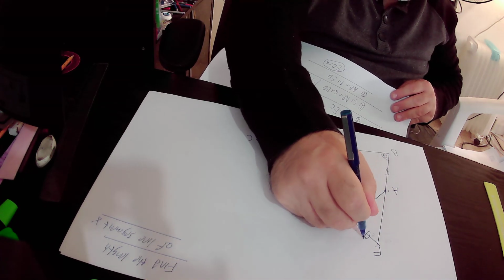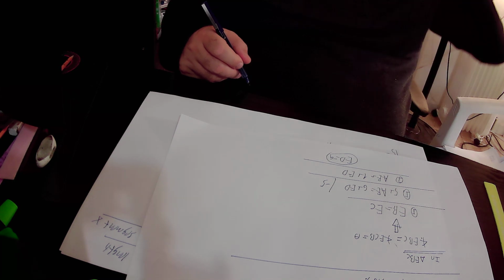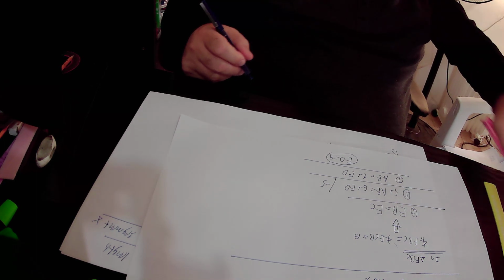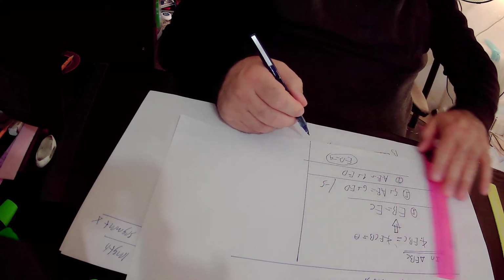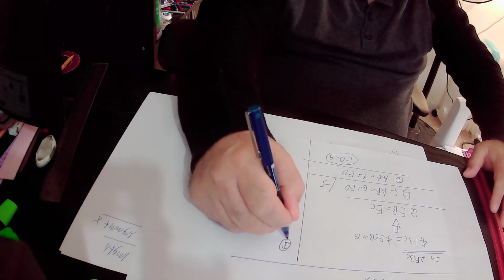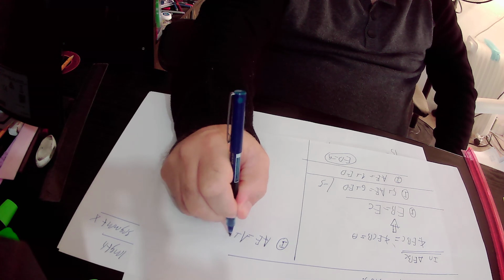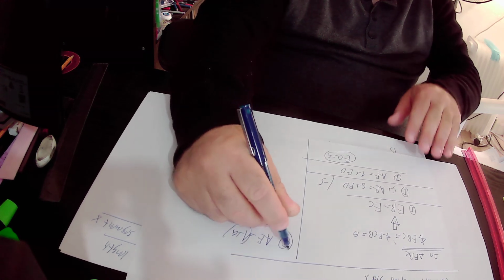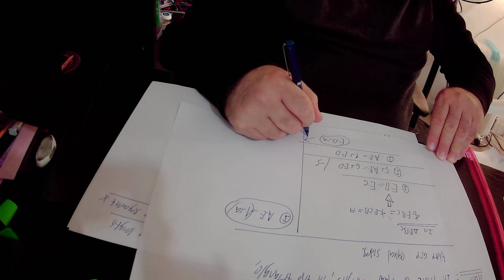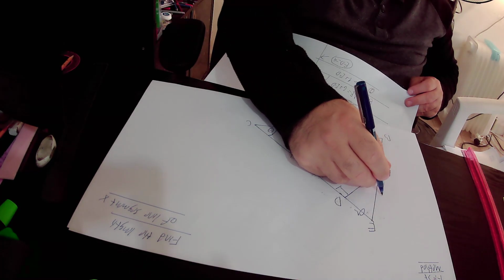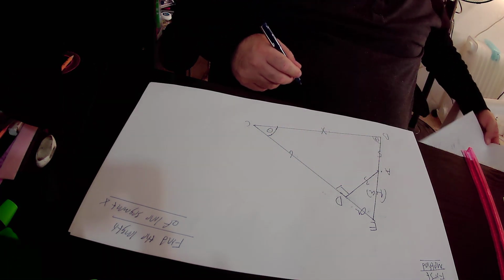So we will substitute ED by A in equation number 1, and we will get that according to equation number 1, AE equals 1 plus A.